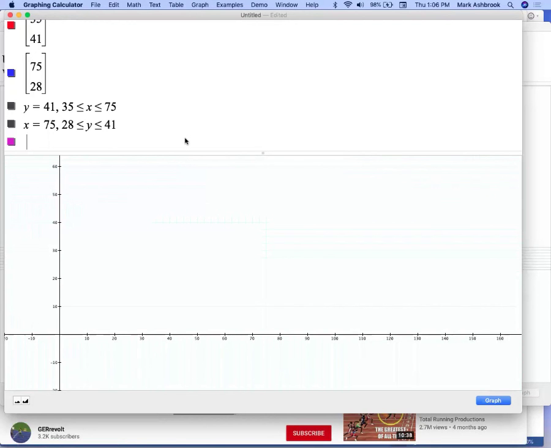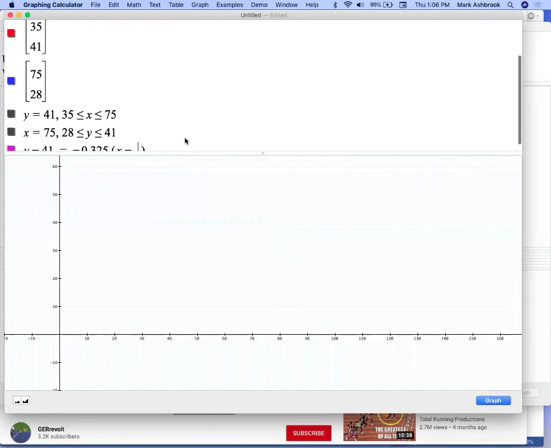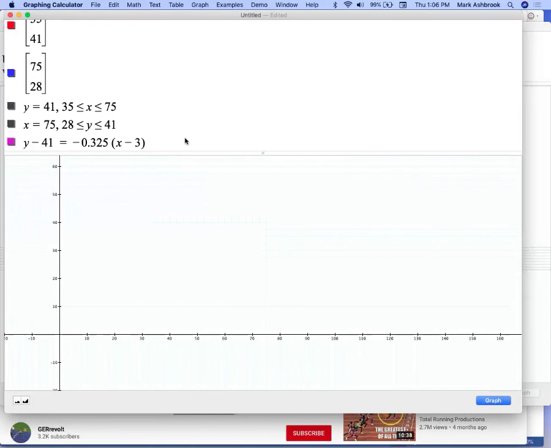Then have y minus 41 equals 0.37 times the quantity x minus 35. And that's from having a domain of x greater than or equal to 0.